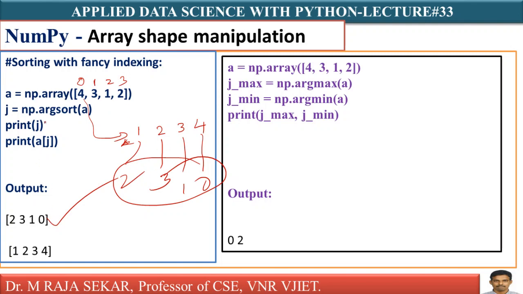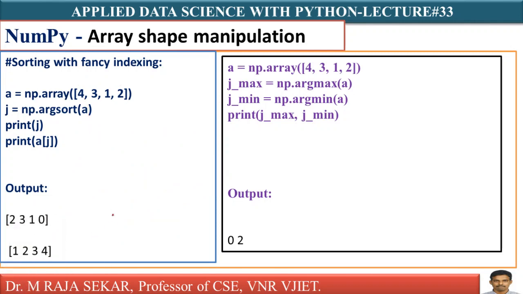Now, if I say print j, what will it print? It will print this one. Print a of j means what? A of j means you are accessing elements. Which elements? 2, 3, 1, 0. Let me rewrite: A of 2, 3, 1, 0. This is j. j is argsort, meaning 2, 3, 1, 0.